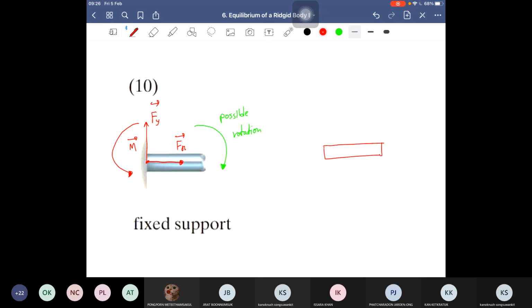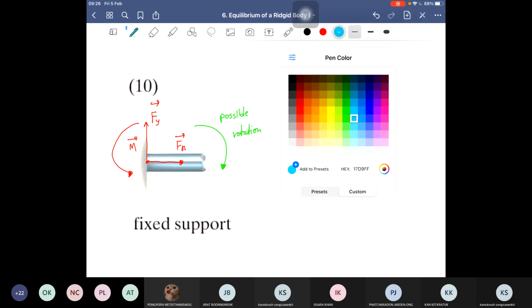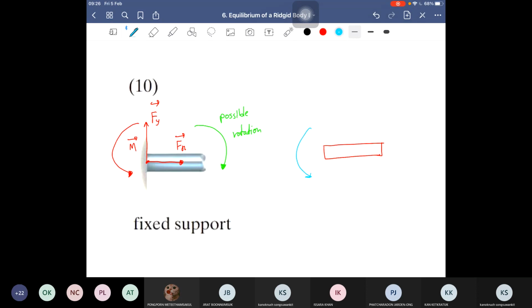Then for the free body diagram of this support, we have one couple moment, and the forces acting as both Fy and Fx.